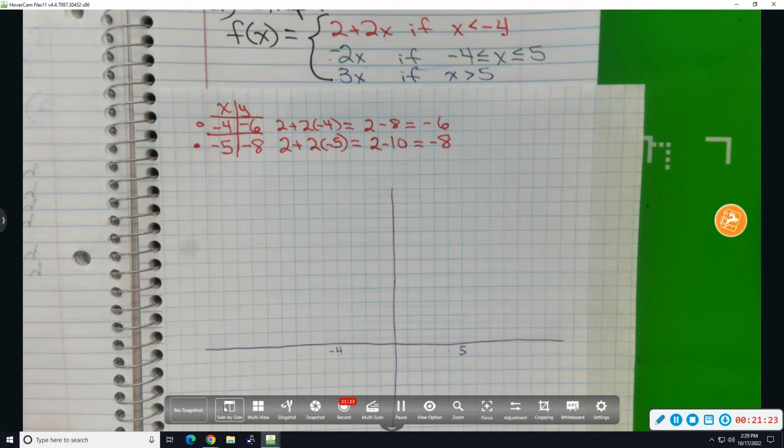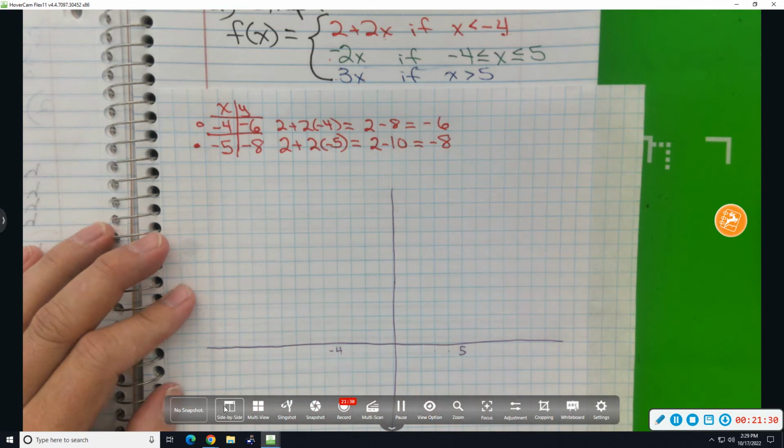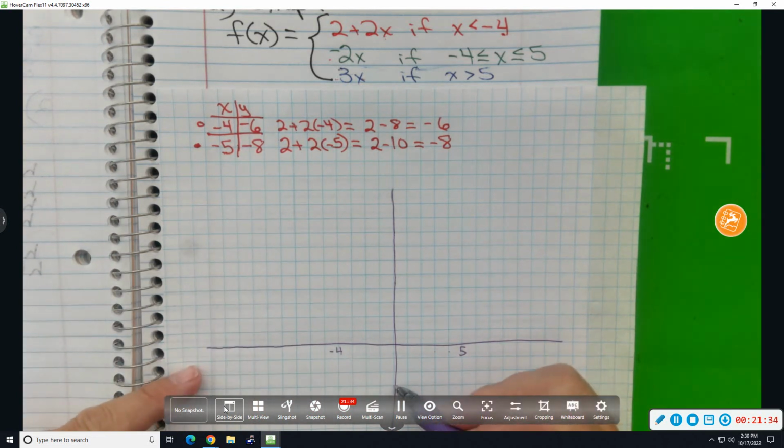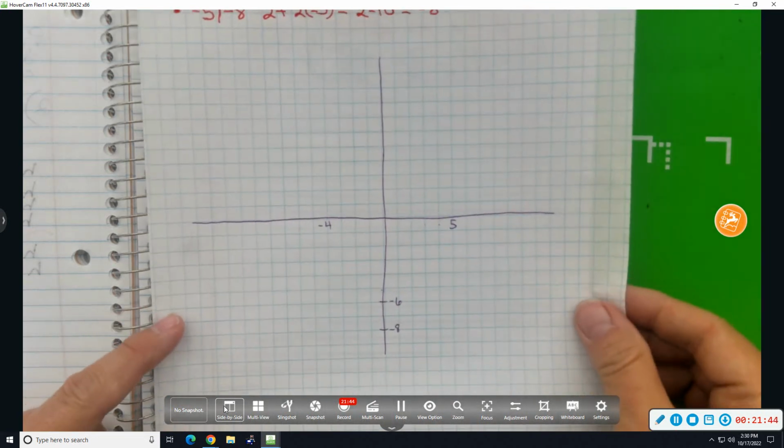So we're going to go to the graph. We have 2 ordered pairs to plot. -4, -6. 1, 2, 3, 4, 5, 6. There's -6. And I'll need -8 also. Let me move all that up.